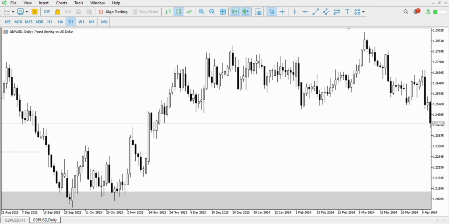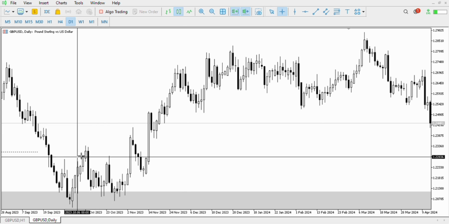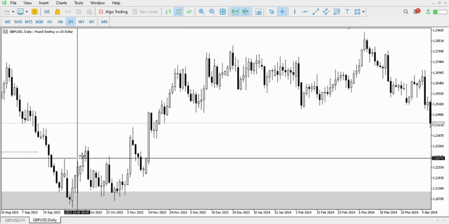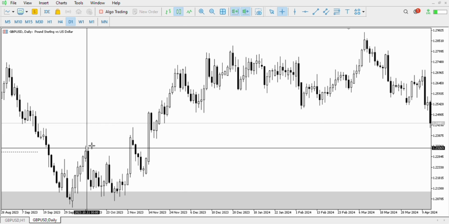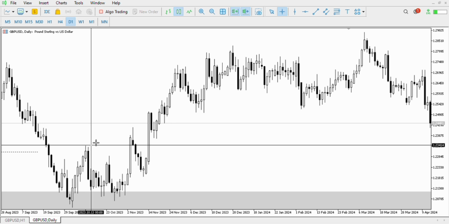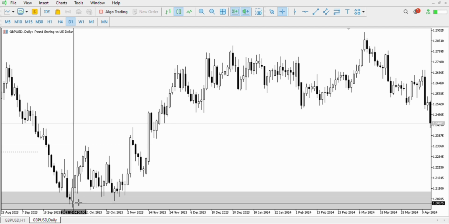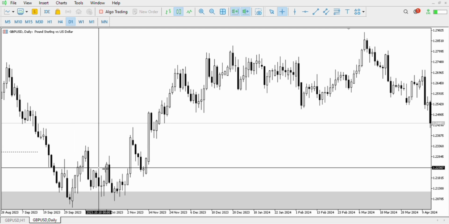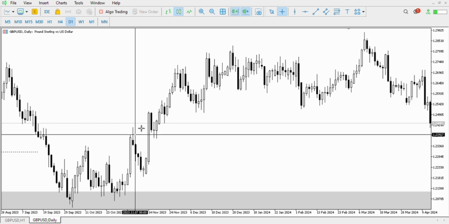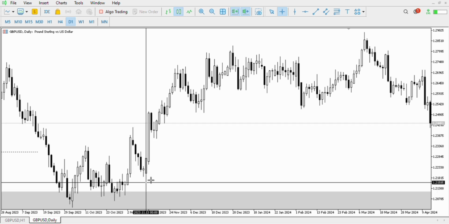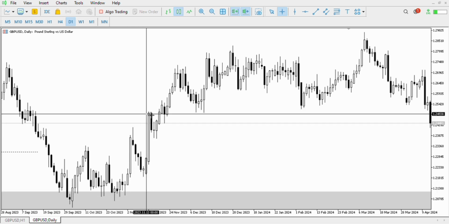Now let's follow closely. When price violated this area right here, this becomes the high, the low. We had the retracement. Price went higher, low. Now look at this candle here.